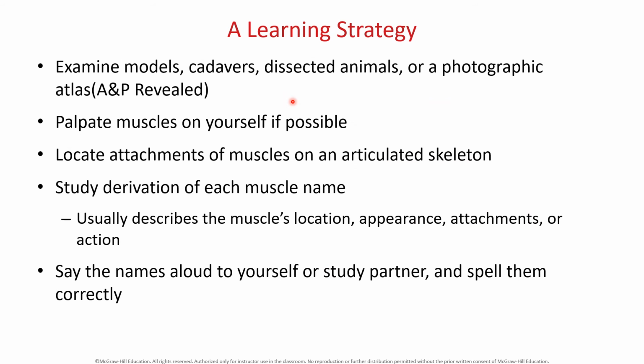So here are some tips that you can use for learning the muscles. Examine the models, cadavers, dissected animals, or photographic atlases. Since we are virtual, you're going to want to use A&P Revealed. You can type that in on your computer, do a Google search, A&P Revealed. Through McGraw-Hill Connect, you actually have access to A&P Revealed.